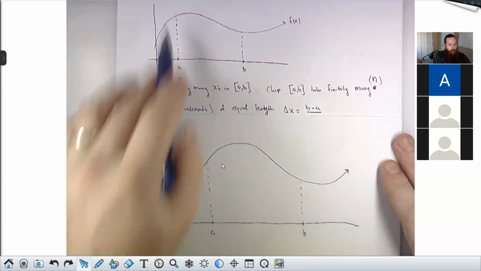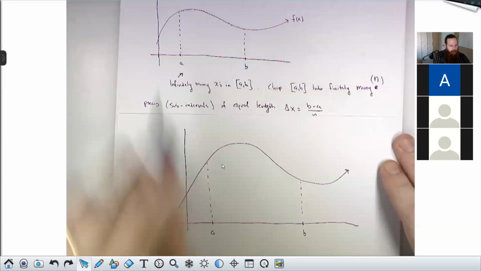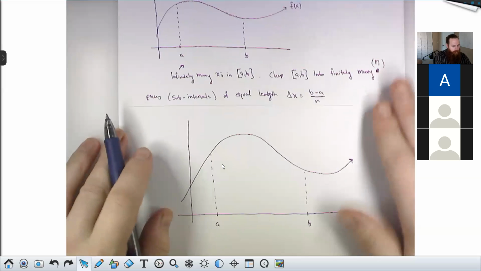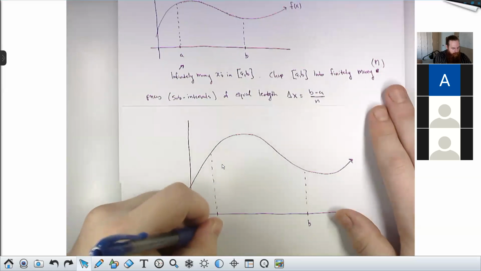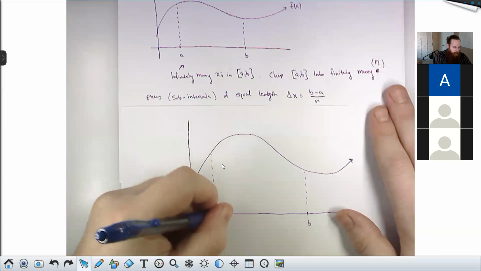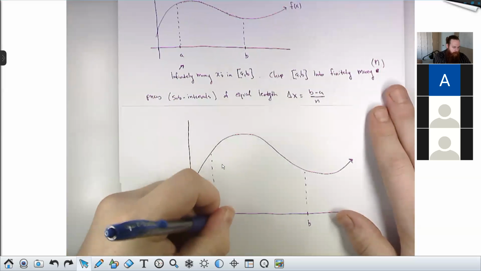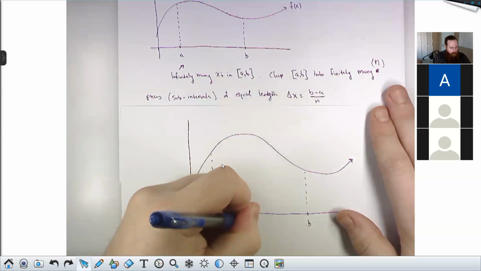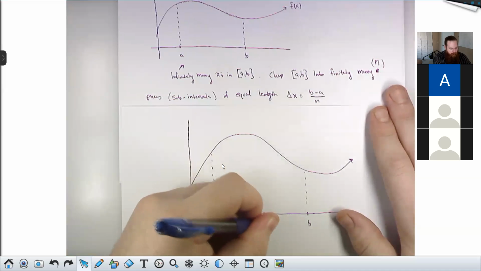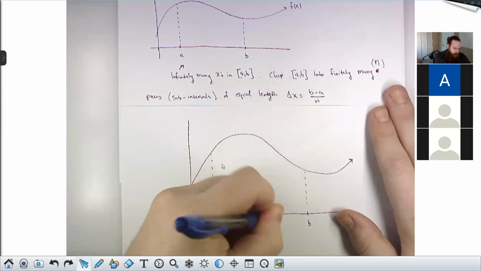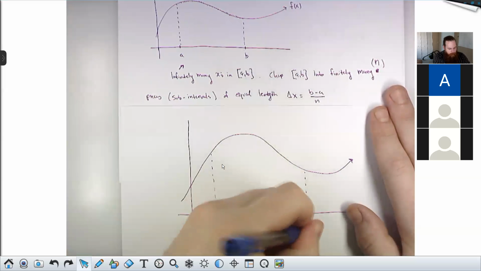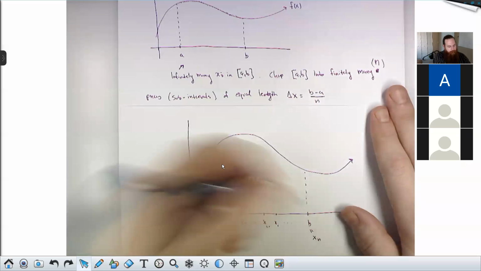What I want to do is add up all these y values and then divide by the number of them, but I can't get at that right away because there's infinitely many of them. So instead I start just by chopping this up. I'll call this x0, and then I'll move delta x over and call that x1, and then I'll move delta x over and call that x2, and we'll keep going just like that. This guy, maybe I'll call him x i minus 1. So the next one would be x i. And we keep going all the way till we get to b, which we call x n.